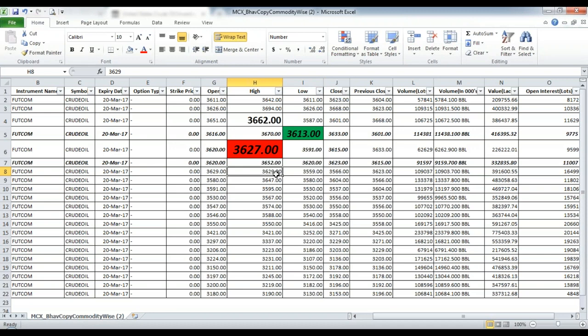It did, right? Rather, it opened above it, and it failed at 3566, correct? And not only failed, is this close lower than 3613?